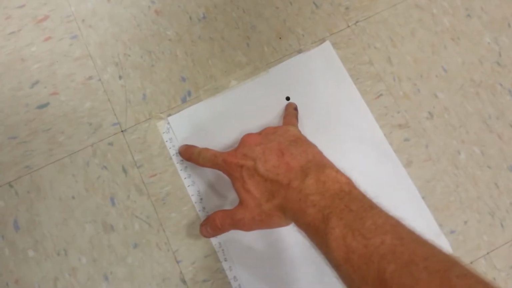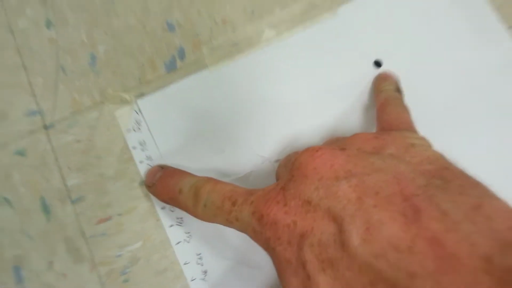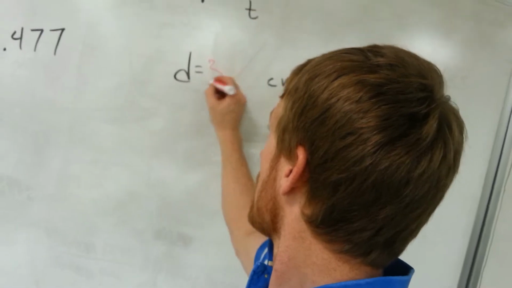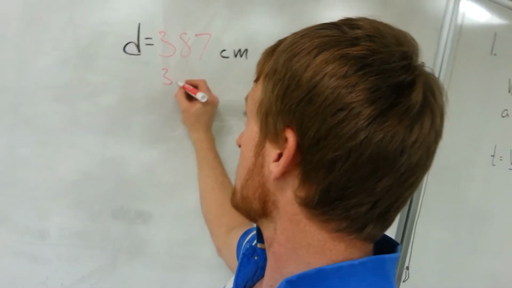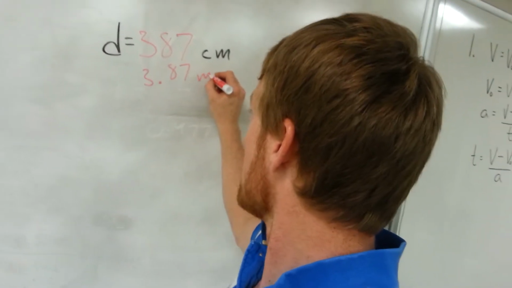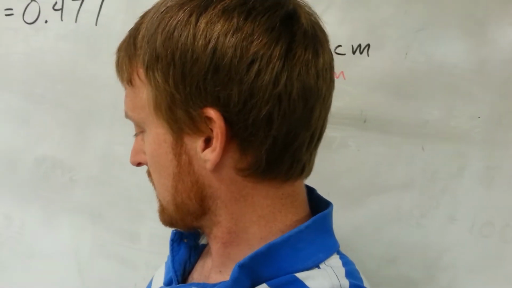So we landed roughly at 387 centimeters. 387 centimeters is what we will write down for our distance. What is that? That is 3.87 meters.